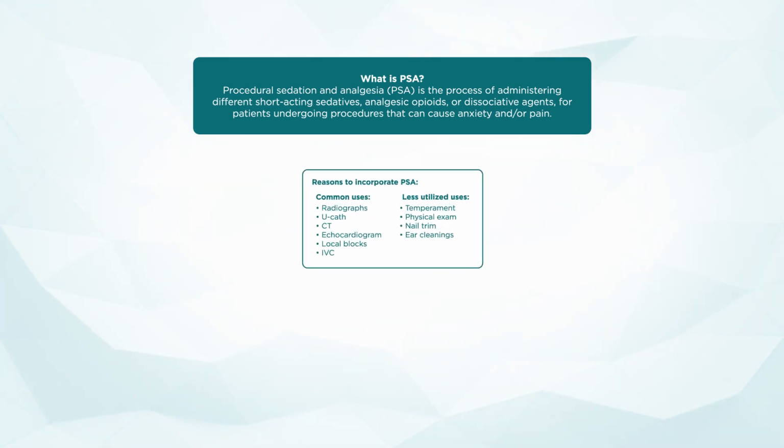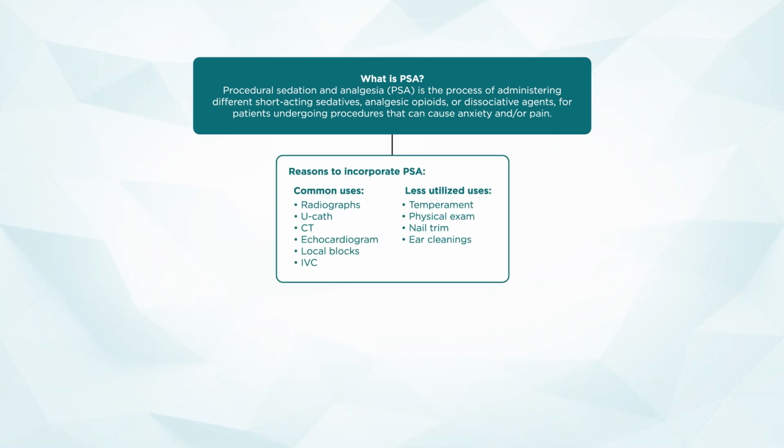So what are the reasons to incorporate PSA? Some of the common uses are radiographs, urinary catheter placement, CT, echocardiograms, local blocks, and IV catheter placement. But there are a lot of reasons that end up being a little bit less utilized in our day-to-day veterinary practices.